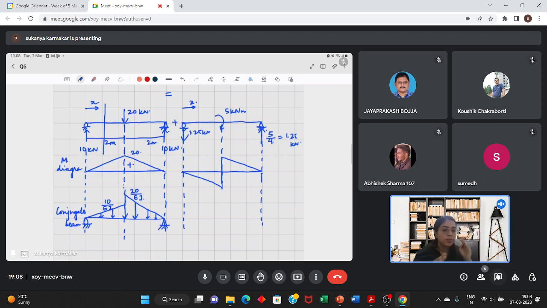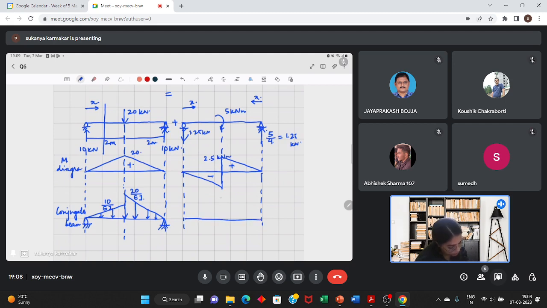So the moment is 1.25x, x being taken from this side, and this is creating a sagging moment. So the moment is positive and this moment is negative. And how much is this moment? 2.5 kilonewton meter.